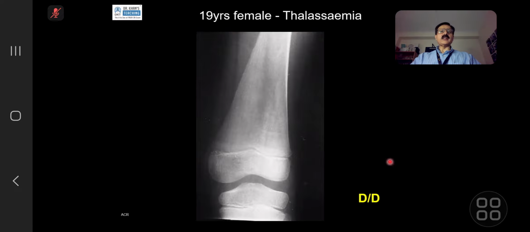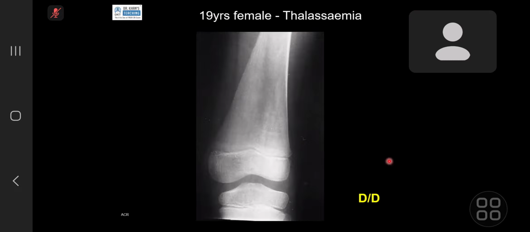Madam, describe the findings. I've given you the diagnosis. You describe the findings. I can see expansion of the metaphysis. This is a knee radiograph, frontal view, for a skeletally immature patient.